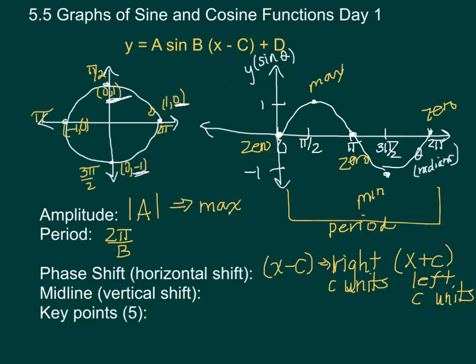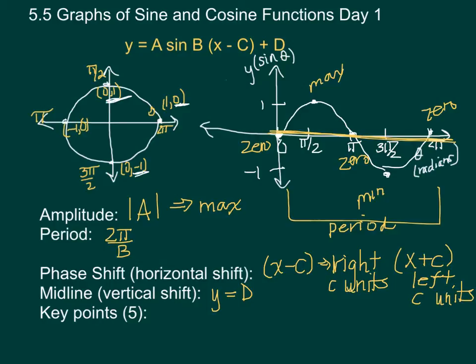Your midline, or your vertical shift, is always y equals d. It is always a line. So that's like the middle of your graph. So in this case, your midline is 0. And then, of course, you always have 5 key points.